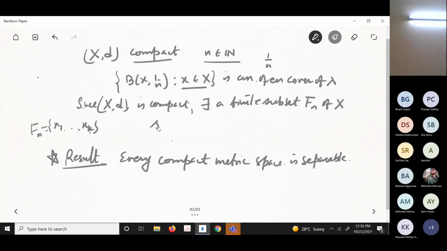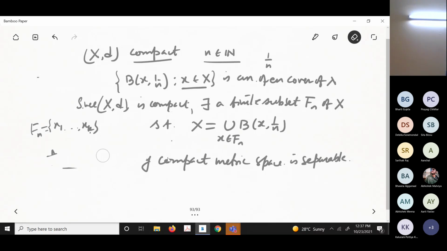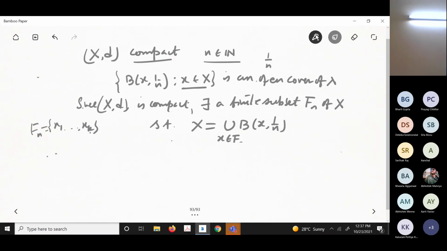Such that X is the union of B(x, 1/n), x belongs to F_n. This you do for each n.